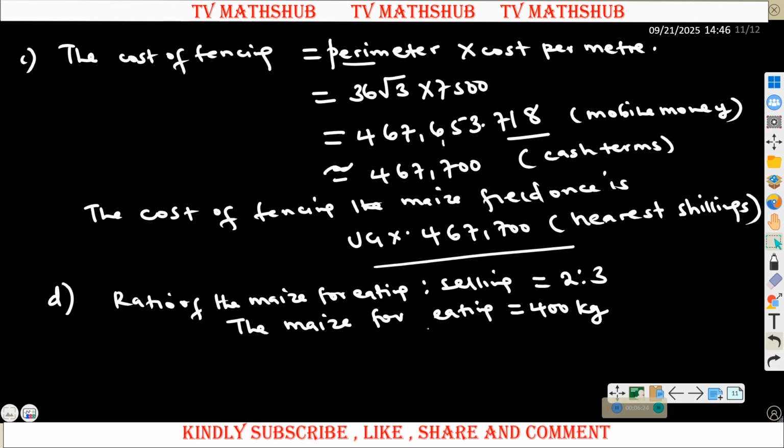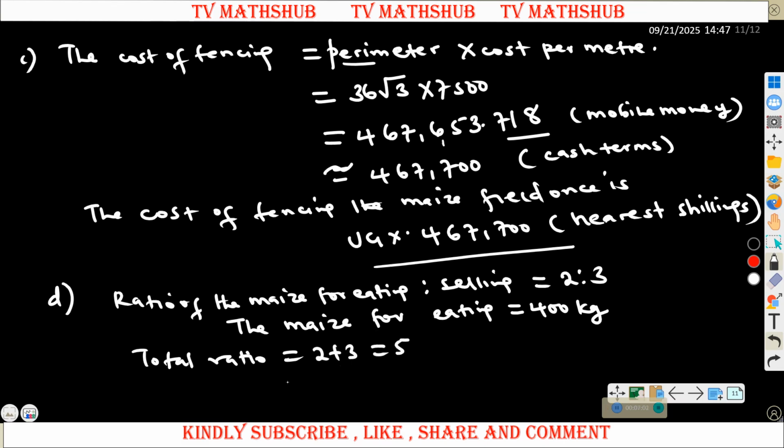How shall we get that? You are given the amount for the maize for eating, and you can easily get the fraction that corresponds to it. When you have a fraction and the corresponding amount, you can easily get the total. So first we need to know the total ratio, which is 2 plus 3, and this is 5.